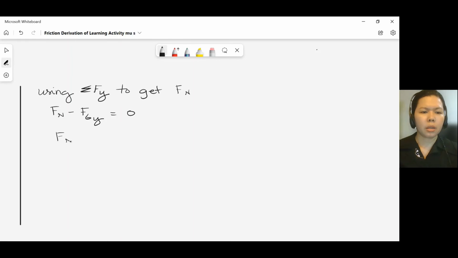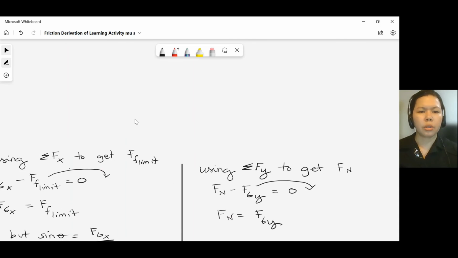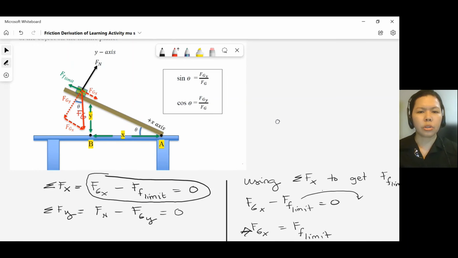So Fn equals Fgy. But what is Fgy? In our trigonometry, cosine theta equals Fgy over Fg.